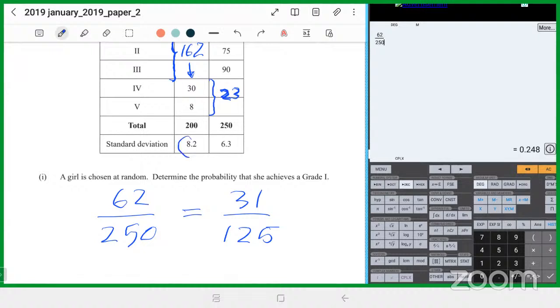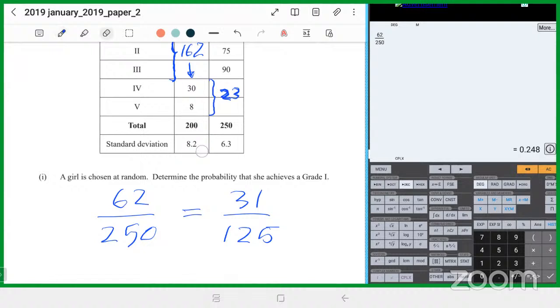So the standard deviation of 8.2 is almost like saying the grades of the boys go 8.2 less than the mean up to 8.2 more than the mean grades. Right? So it's spread from 8.2 below the mean grade of the boys to 8.2 above the mean grade of the boys. In simple terms, that's what happened.